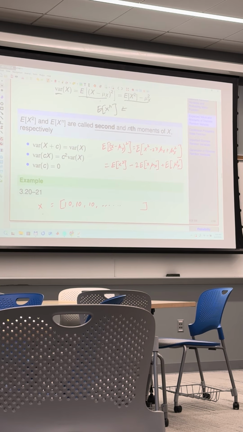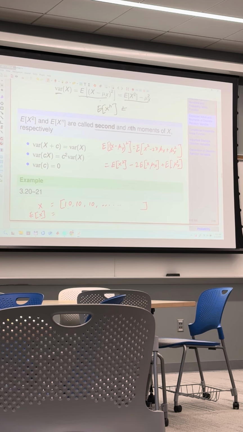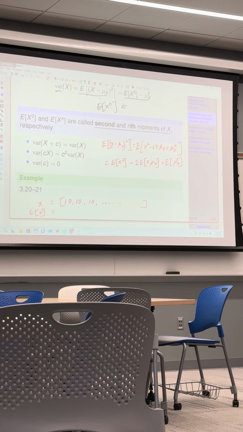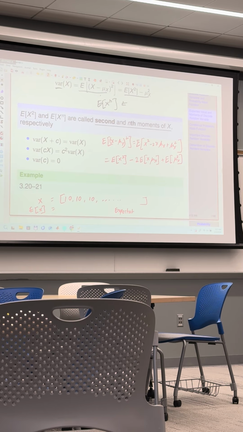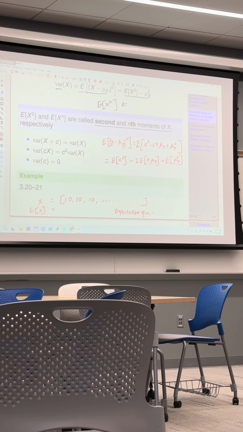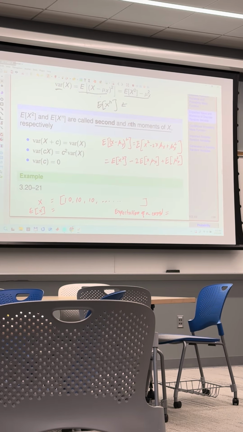I want to find the expectation of this random variable. It is just taking a constant. Expectation is basically the average, and it doesn't matter how many measurements you take. So the expectation of a constant is simply the constant.